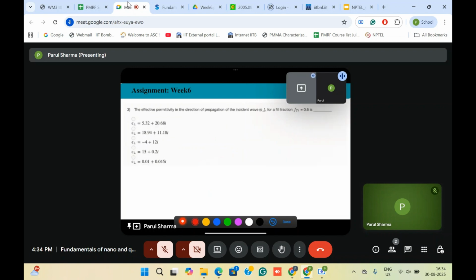Next question is the effective permittivity in the direction of propagation of the incident wave for a field fraction FTI equal to 0.6.